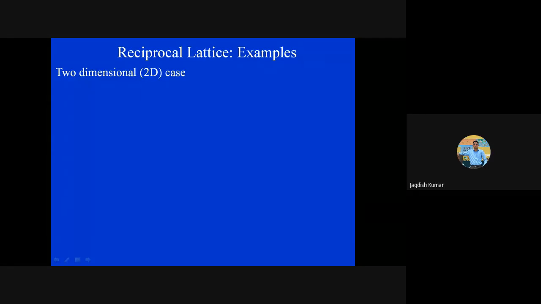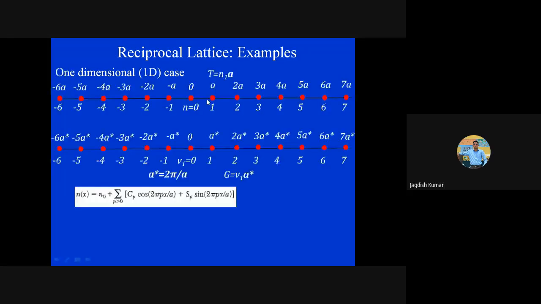Don't worry. What does a point in reciprocal space correspond to in real space? There is nothing like a one-to-one correspondence between the points in reciprocal space and the points in real space. But yes, the points in reciprocal space tell you about the terms which should be there in the Fourier series. For example, if you have to represent a function which is periodic with periodicity, say A, then the corresponding Fourier series will contain terms with frequencies at 2 pi by A, 4 pi by A, 6 pi by A, and so on.